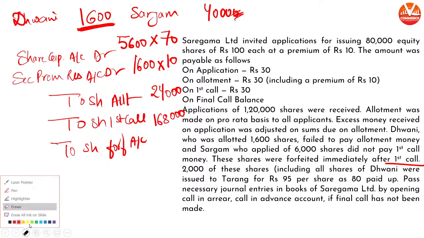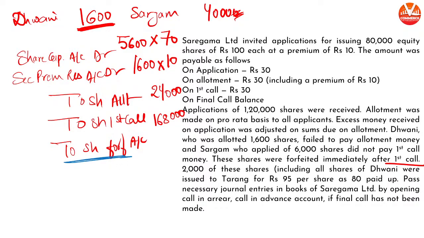Now we have to find out how much money is received on these shares. On 1,600 shares of Dhwani, we have received application only. And on 4,000 shares of Sargam, we have received application and allotment both.